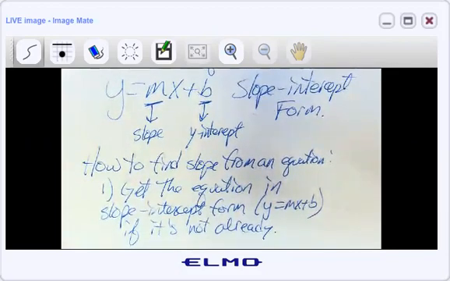So I'll give you a minute to get that. I want it to look like y equals mx plus b, because once it does, oh, my life is so easy. Okay, so that's step one. And sometimes step one will already be done for you. Sometimes you get lucky and it's already in that form.